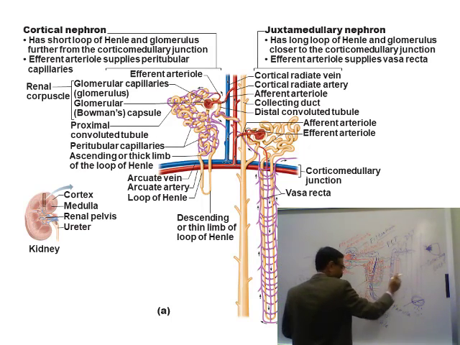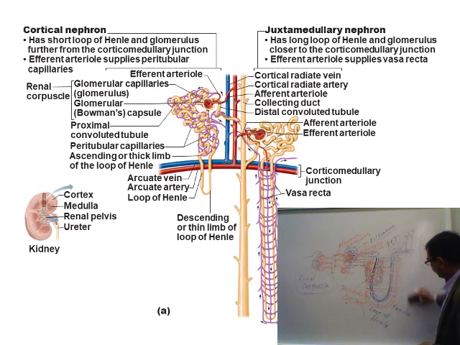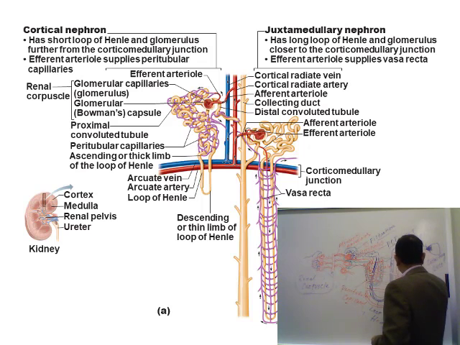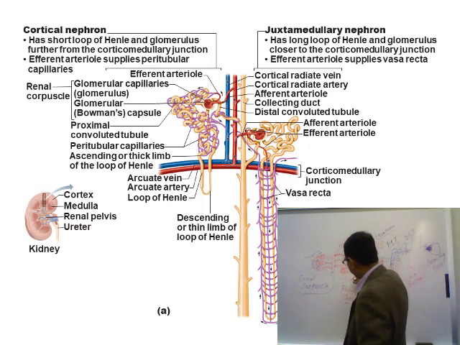There are two limbs and they are connected by horizontal bars. So this one is the third one. That's the vasa recta.